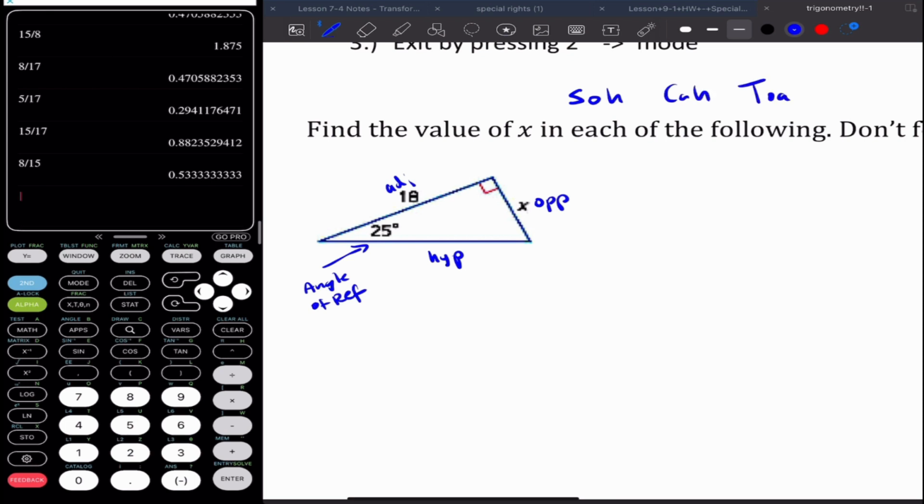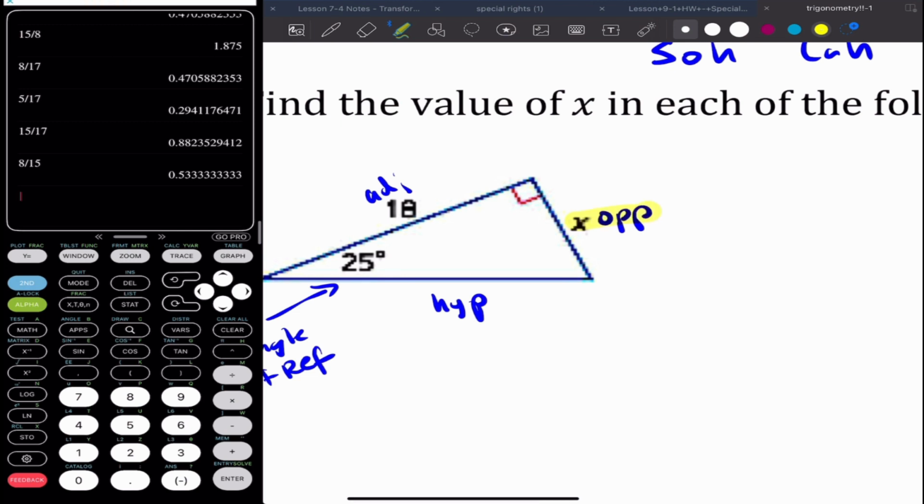SOHCAHTOA. So let's go ahead and highlight the stuff that has some information that I can work with. Notice that I have an x here, that's the opposite side, and then this is the adjacent side, which is 18. And if we look closely at the hypotenuse, there's no given measures whatsoever, okay?